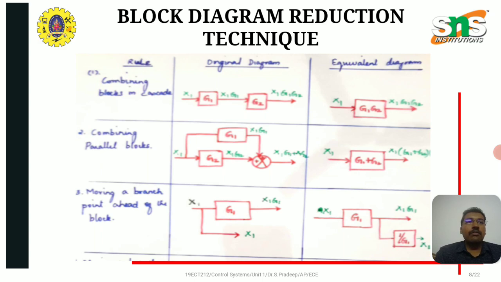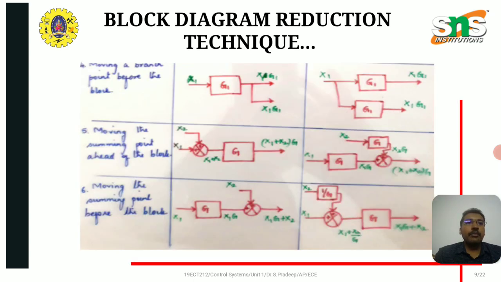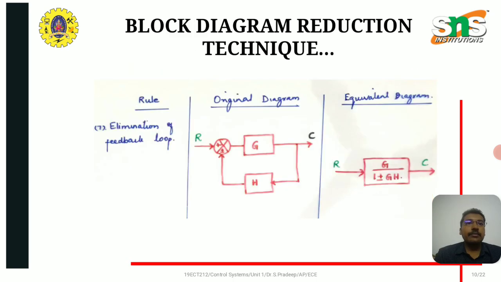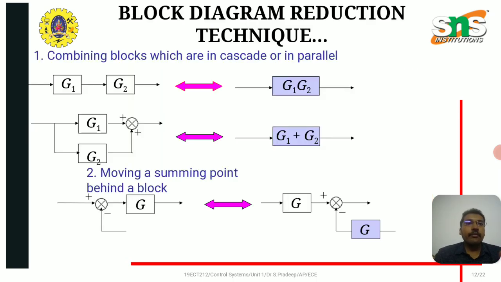These are the rules of block diagram reduction techniques. Combination blocks which are in cascade or parallel can be converted in this form, and moving a summing point behind a block will give the output like this.